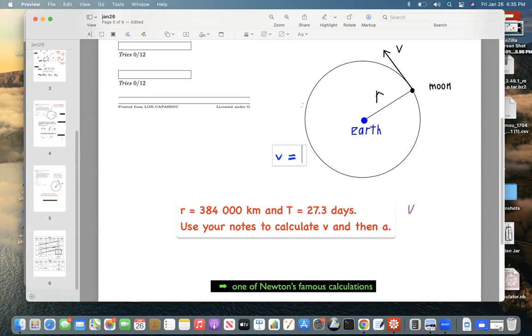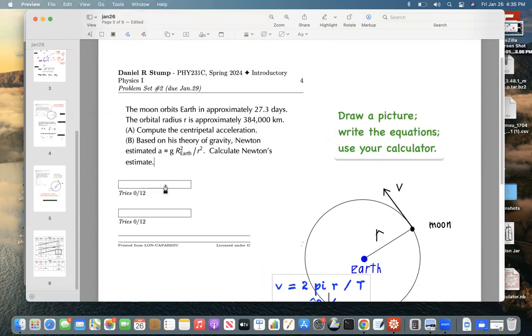V is 2 pi r divided by T, converted into meters per second. And then A is V squared divided by R. So these are equations you have in your notebook. You just calculate this V, calculate this A, and then that's what you put in here.